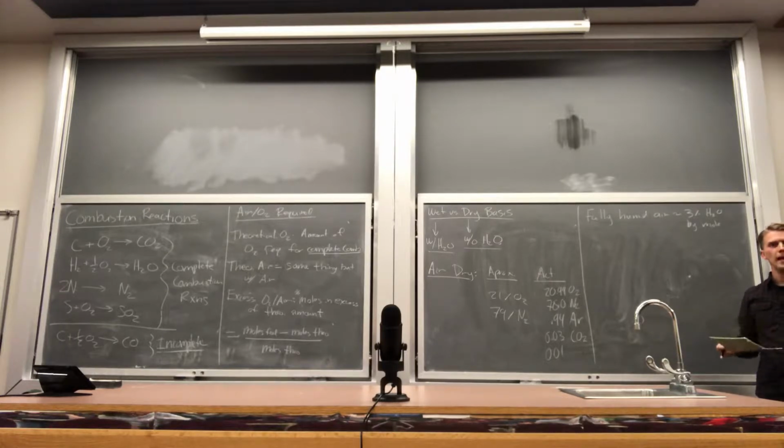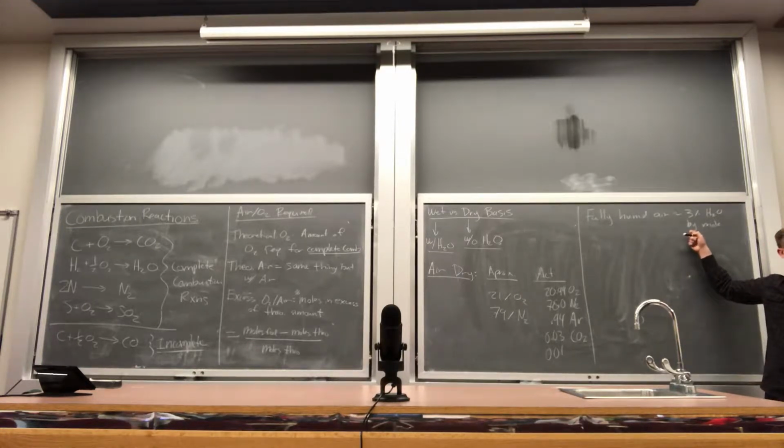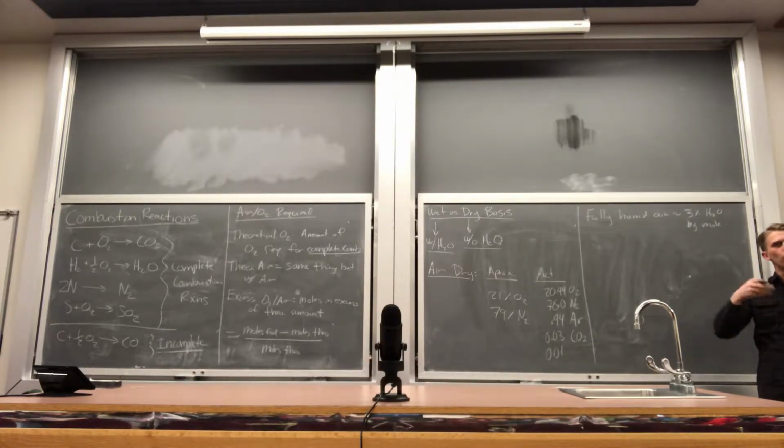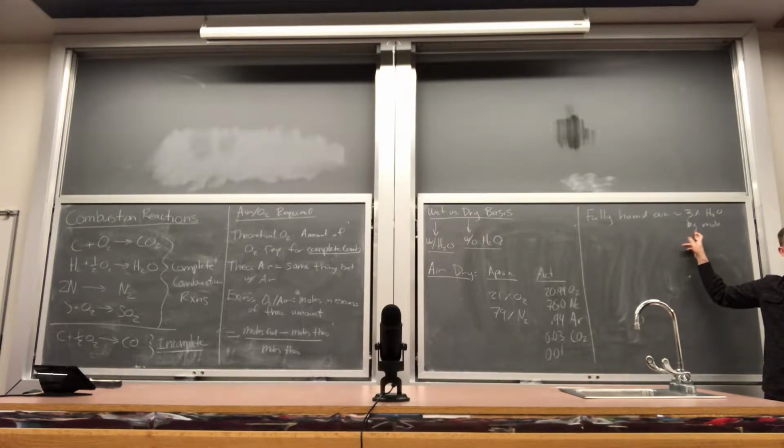So fully humid air, the difference between feeling like you're in Utah and it's not humid and muggy versus dying because you're sweating so much, is 3% of air. But the rate at which your skin can evaporate water is dependent on whether or not you're fully saturated. So it doesn't matter how small it is. 3% is the difference between humid air and dry air.